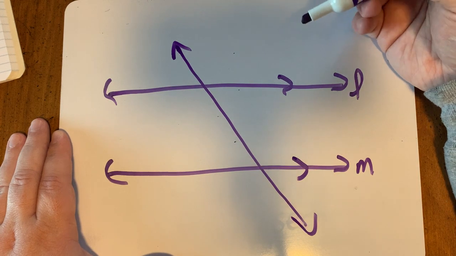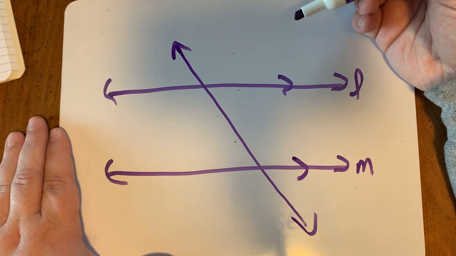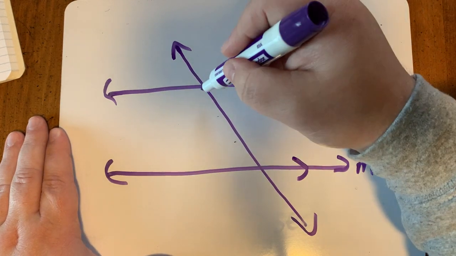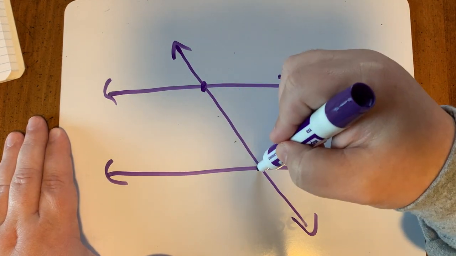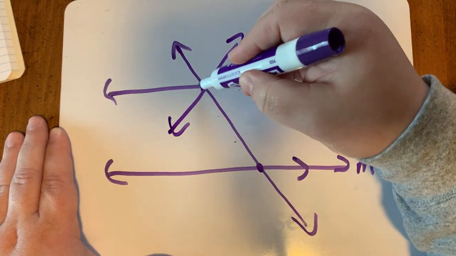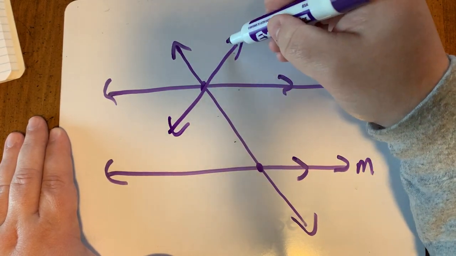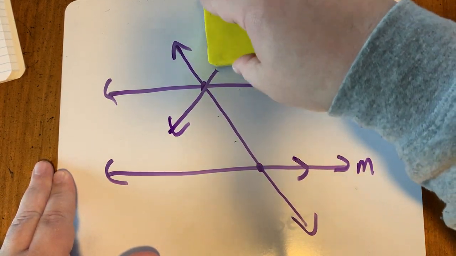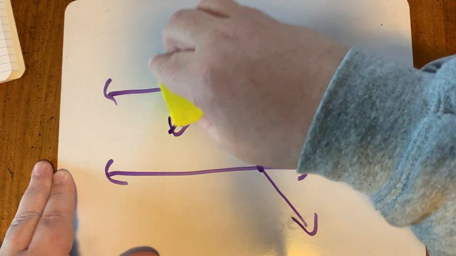If you have a line that intersects two or more other lines at distinct points, so that means they couldn't intersect like this. Like that line intersects these two lines at the same point. That's not two or more lines at distinct points.